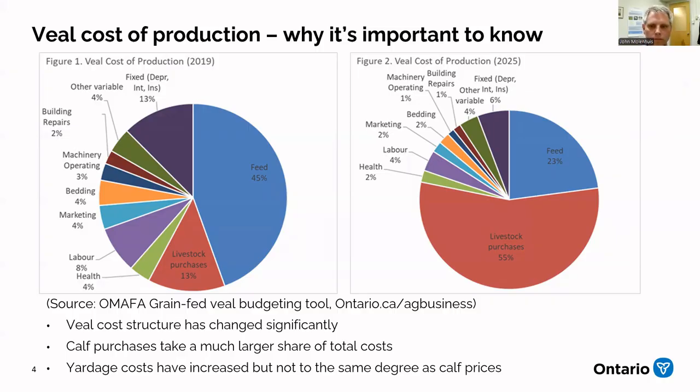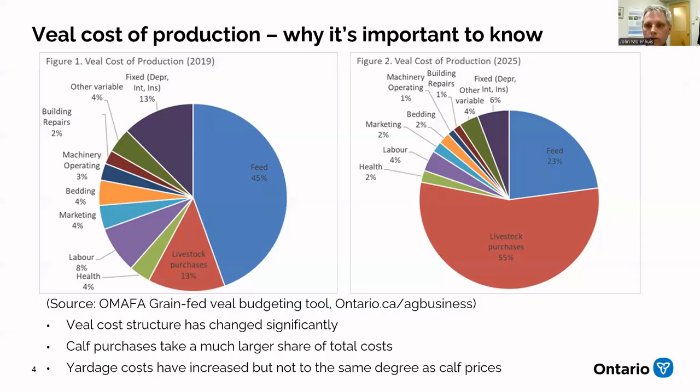Livestock purchases command such a large portion of total farm costs for a veal operation. Livestock purchases were 13% in 2019, at about $130 a calf, if you can believe we were at that level at one point.